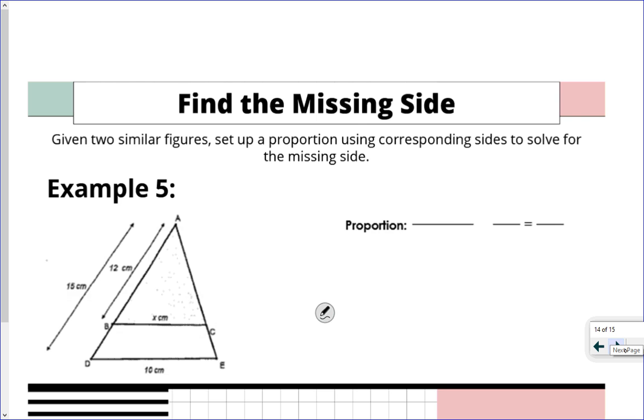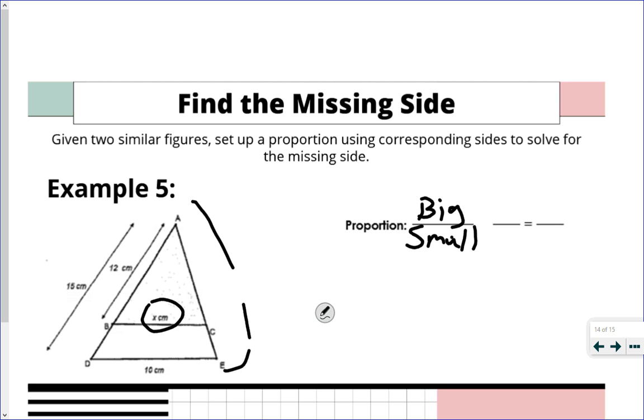So for our final example, we have two similar triangles. Again, we can do a big triangle, which is this larger triangle here, A and E, over our small. And for this one, the missing side is right here.